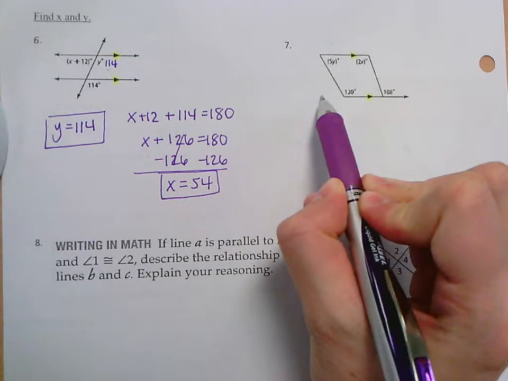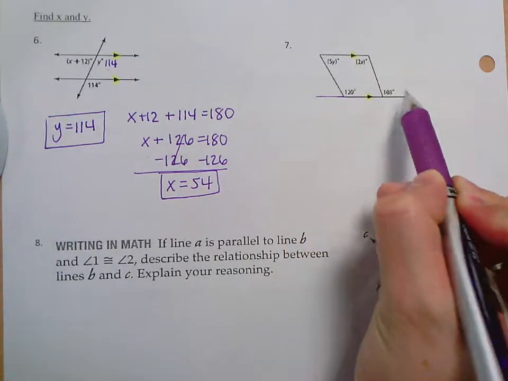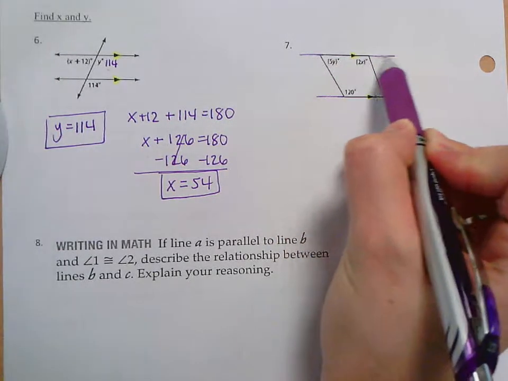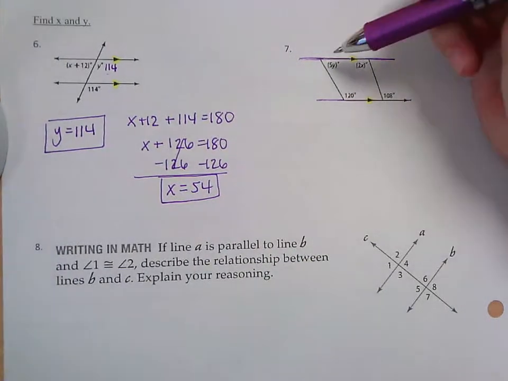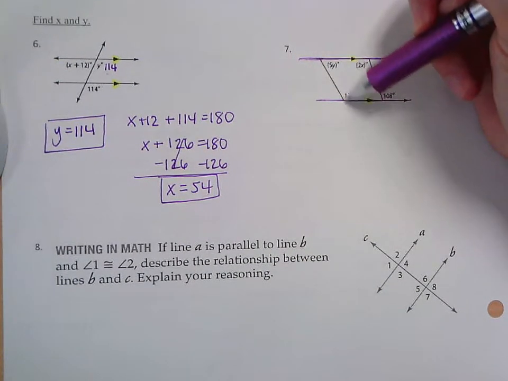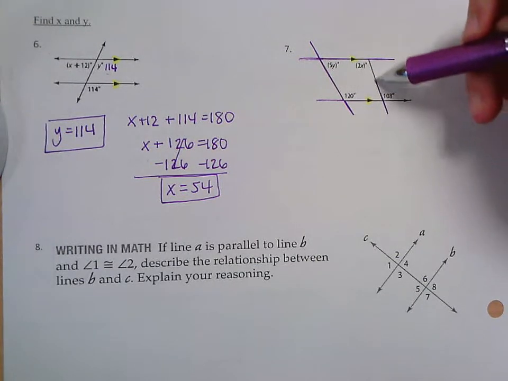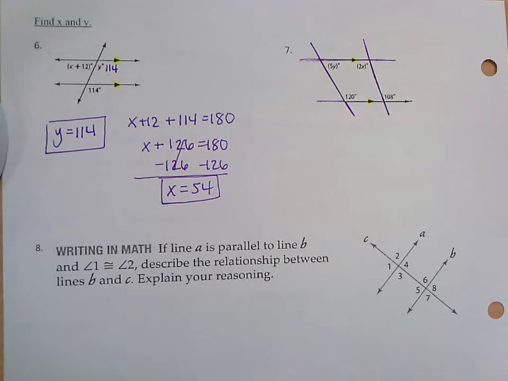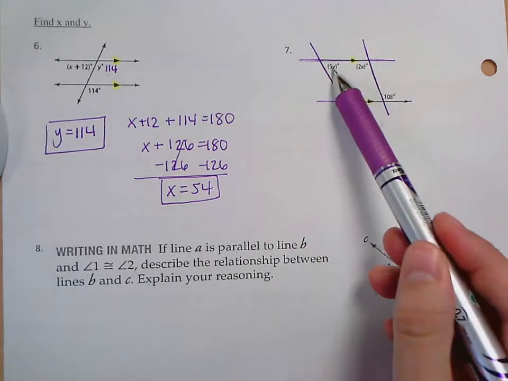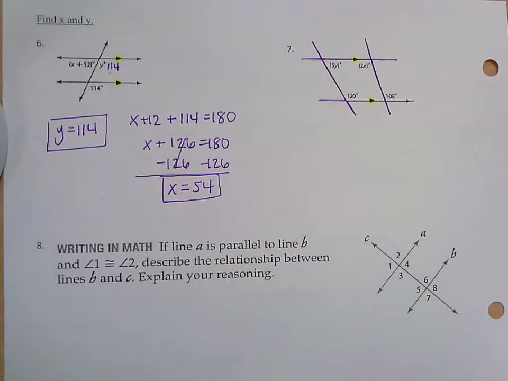Okay, so I could extend, these are my parallel lines, and that means this here is a transversal and this is a transversal. So you can extend it so that it looks a little bit more like what we had drawn at the very beginning. And you can see where we have y and where we have x.